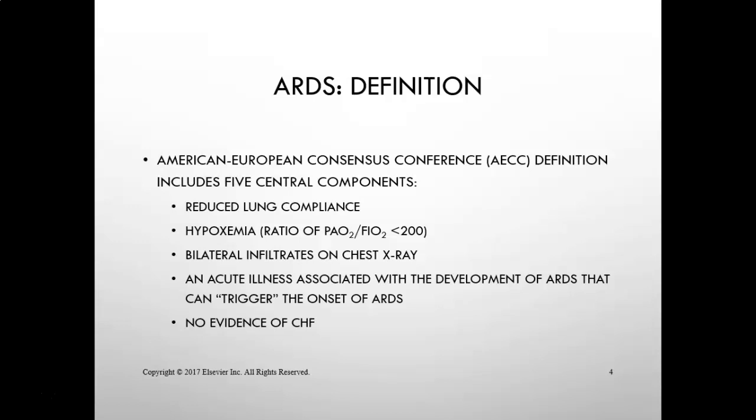And also, no evidence of congestive heart failure, because this goes back to the beginning when we looked at the ways you can get pulmonary edema. So, in other words, you have to rule out the fact that it is a congestive heart failure problem that the patient is having before you can say that this patient has ARDS.